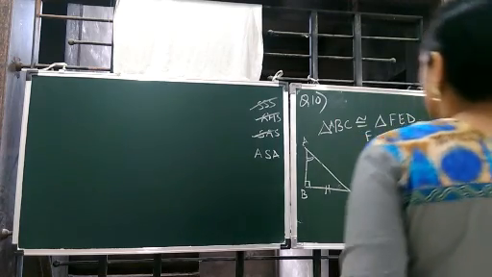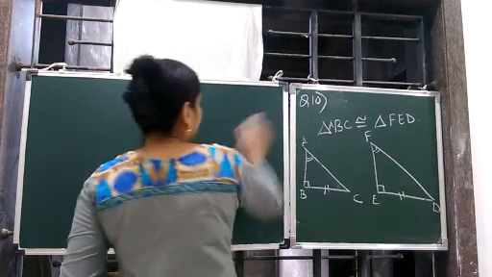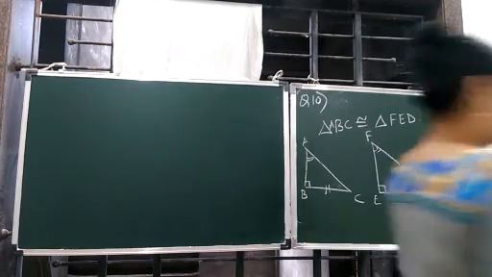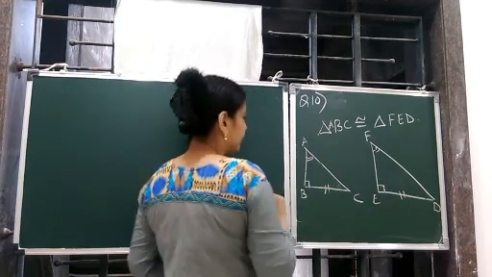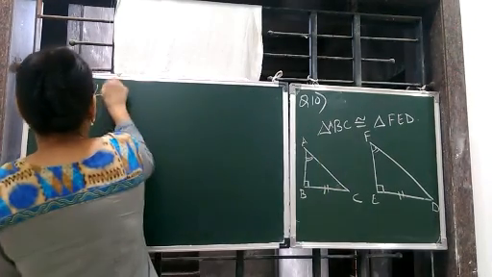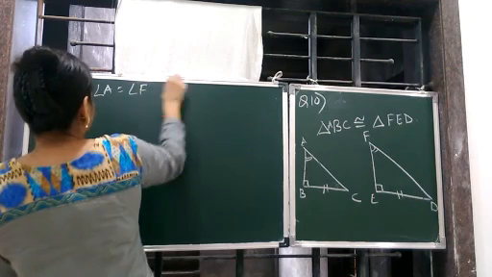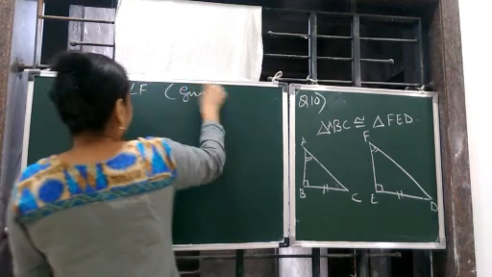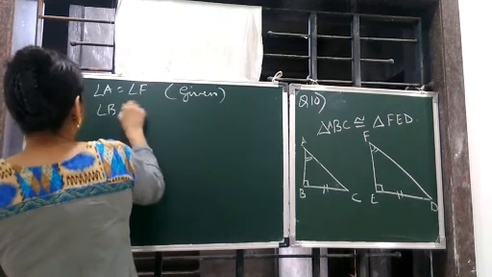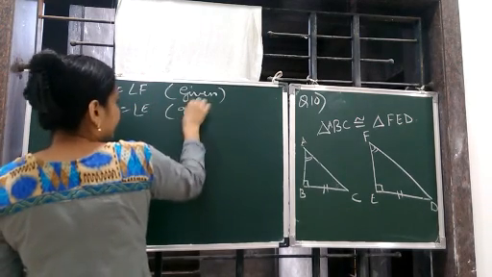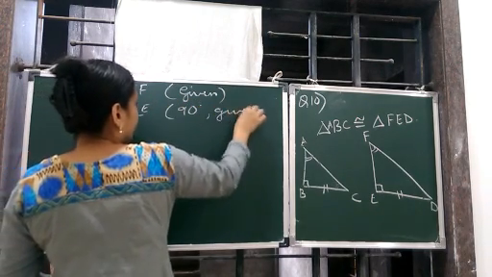Let's write. Angle A is equal to angle F, given. Then angle B is equal to angle E, 90 degree, also given.